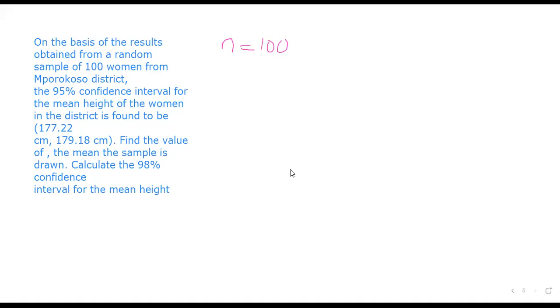Our confidence interval, which is the range, 177.22 and 179.18.